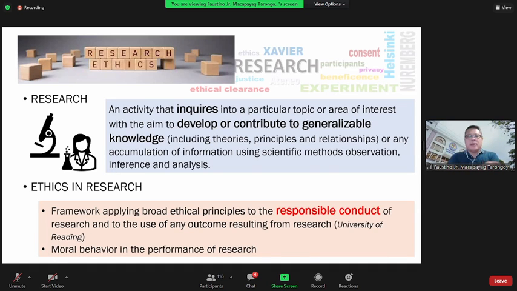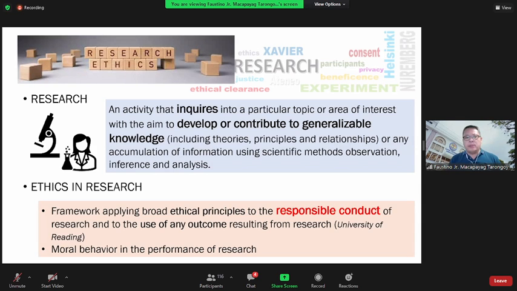So just an overview of our terms, so we have the same understanding. When we talk about research, it refers to an activity whose main aim is to develop or contribute to generalizable knowledge. Whatever we discover or innovate is always aimed at a new area or body of knowledge: principles, theories, or even relationships.